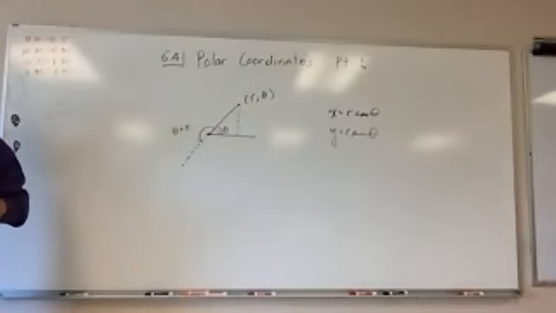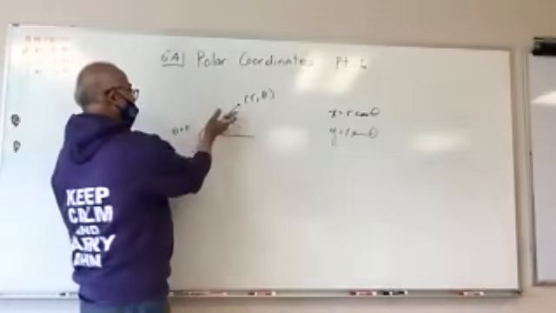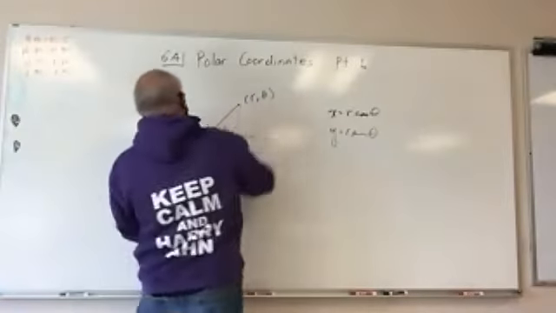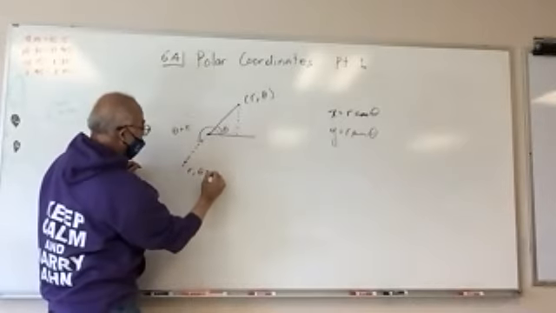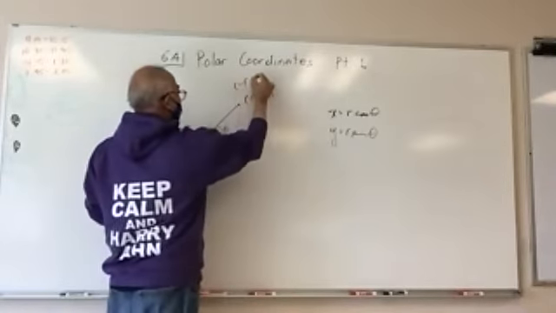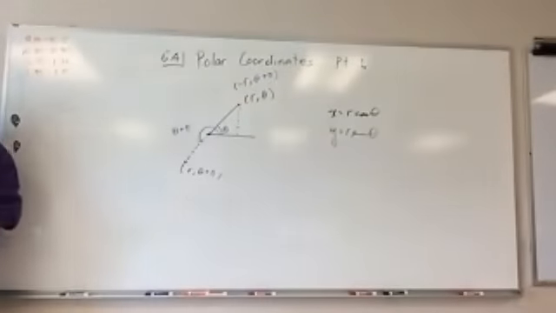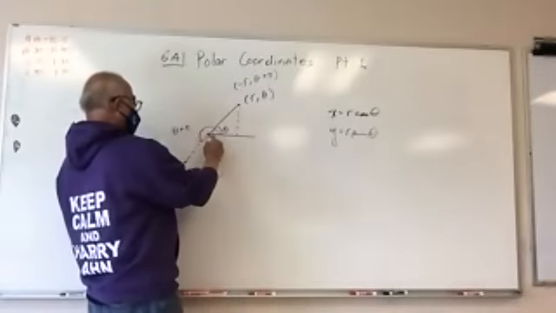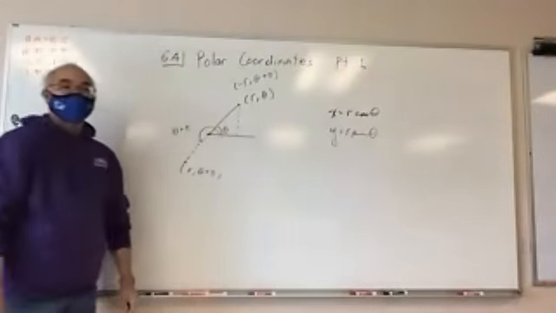Does that make sense? Magnitude-wise, this point would be R and theta plus pi. I can write this as negative R, theta plus pi, and it will be the same point. So from here, instead of going positive R, I'm going negative R. Does that make sense?